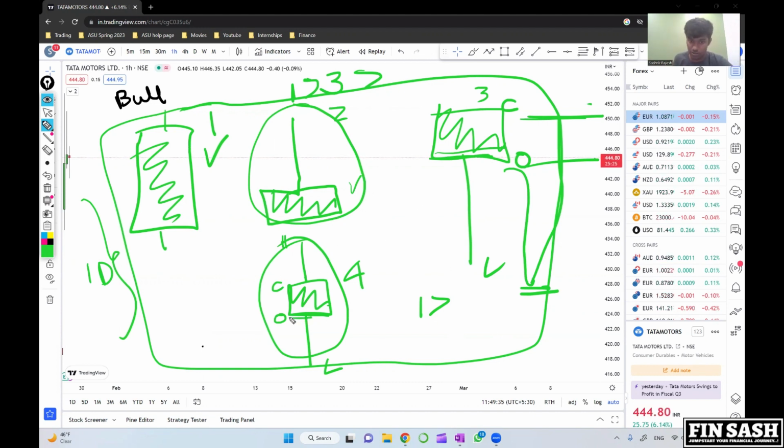So it opened here, created a low, went back here, created a high, and came and closed here. So over here, if you really think about it, sellers dominated initially, then buyers dominated, but again, for some reason, sellers dominated, right?